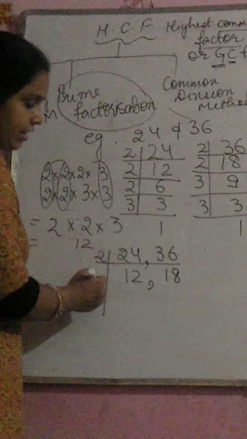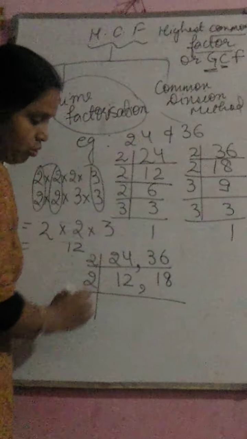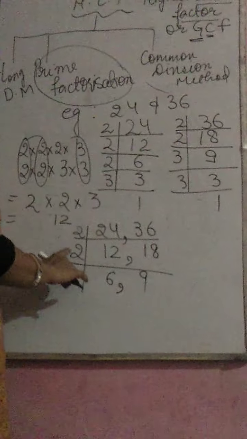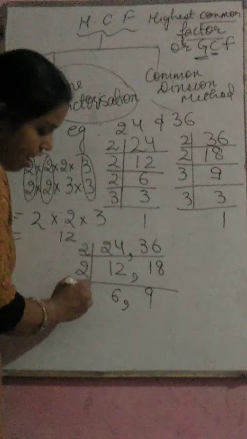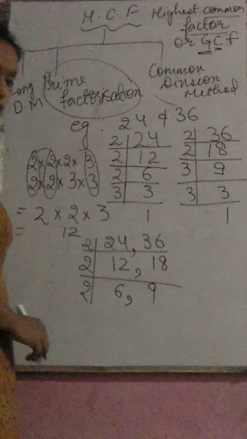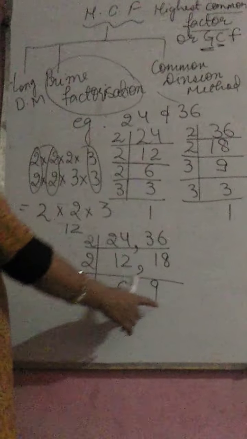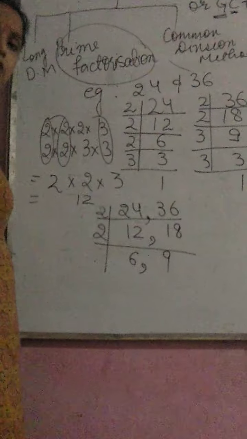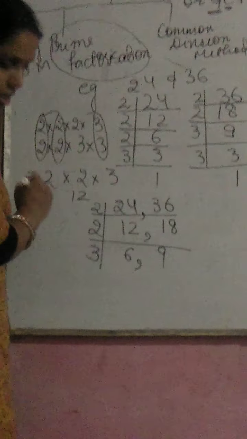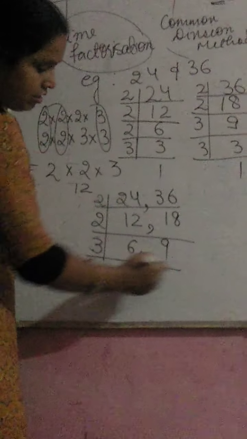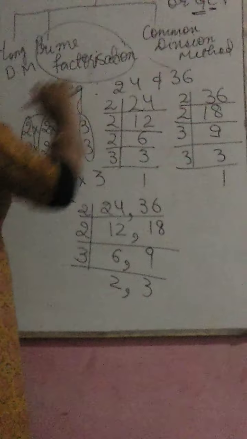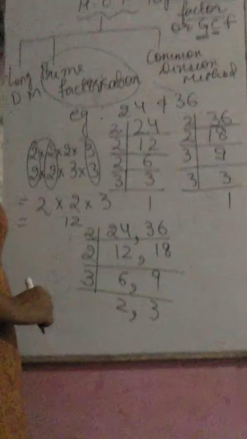Now again 12 and 18 are divisible by 2. Both numbers come in the table of 2, so I am taking my prime factor as 2. Now if I take 2 here, 6 comes in the table of 2, but 9 does not come, so I won't be able to take 2 here. I will be taking 3, which divides both numbers. 3 2s and 3 3s. In the common division method, children, there is no need of getting 1 here.